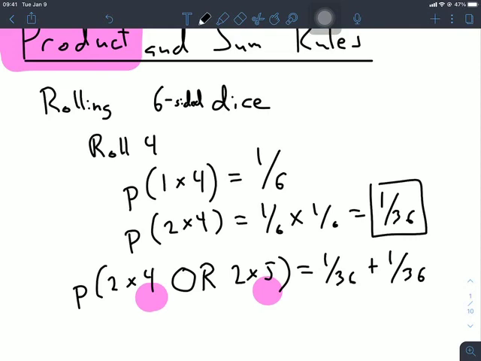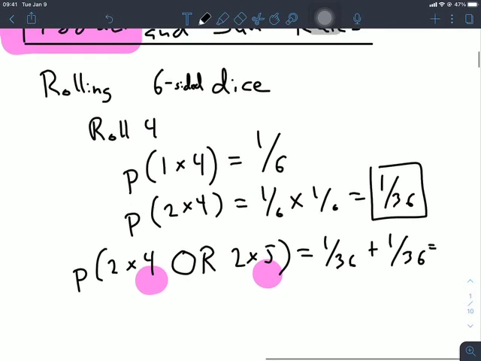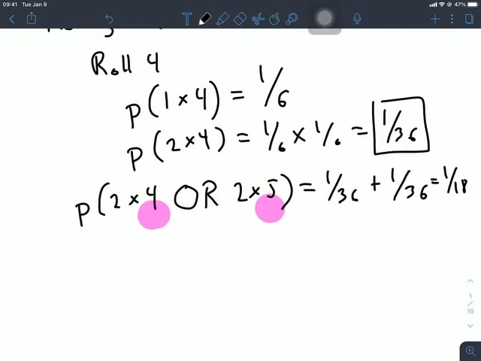Those mutually exclusive events of rolling a 4 or a 5 result in you adding things together. This, of course, gives you the outcome of 1/18. A much higher probability of rolling either 2 4s or 2 5s than rolling simply 2 4s. Should make intuitive sense.